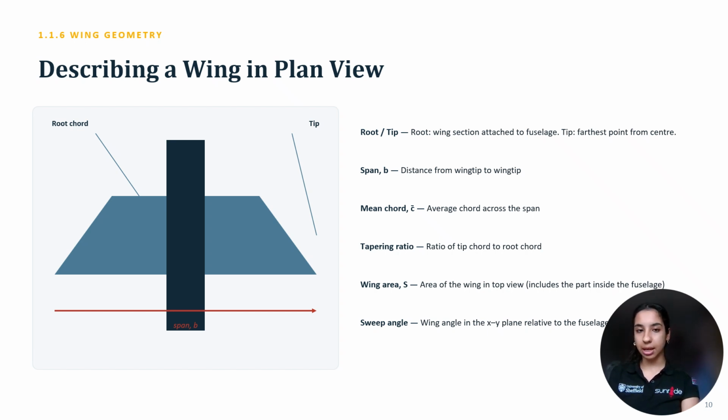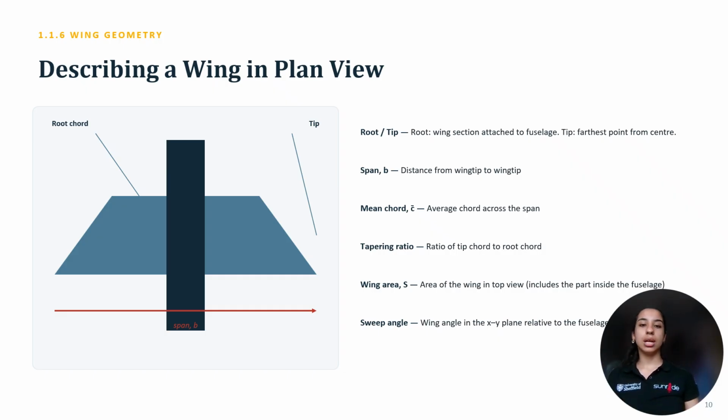We say average because when you take cross sections of the airfoil, they're not all the same size. It increases, and it decreases toward the tips. So you take all of the chords across the span, add them, and divide by the number of them, and you get the mean chord.